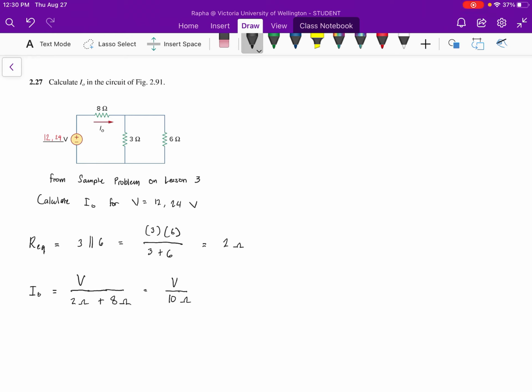Now if V is equal to 12 volts, I sub O would be 12 volts over 10 ohms, and that is equal to 1.2 amperes.